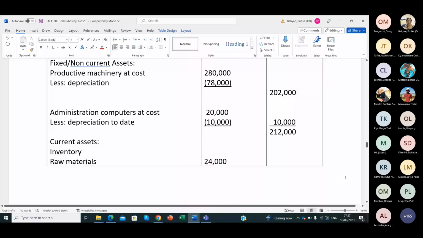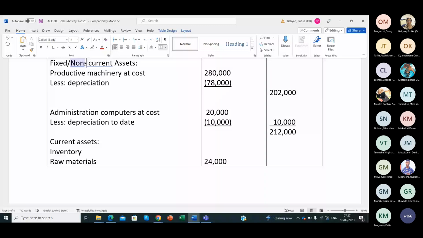Okay. So we start with fixed or non-current assets. First of all, the productive machineries at cost. The cost of machineries given in the question is 280,000.